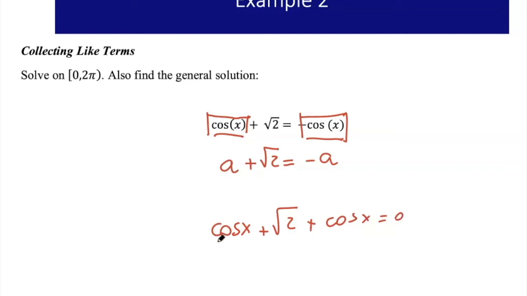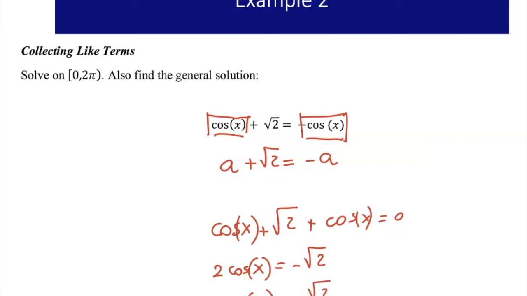And I continue solving algebraically, and I find that 2 cosine of x, the parentheses are always a good idea, equals negative root 2. And if I divide both sides, I have that cosine of x is equal negative root 2 over 2.